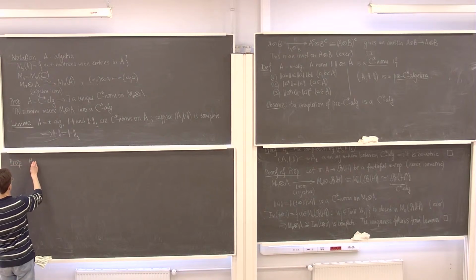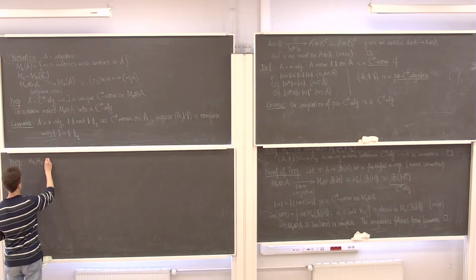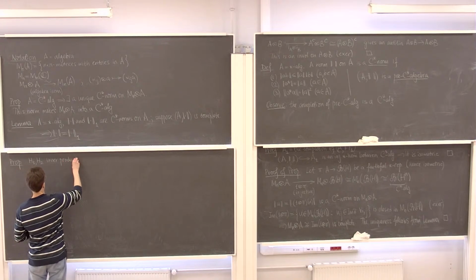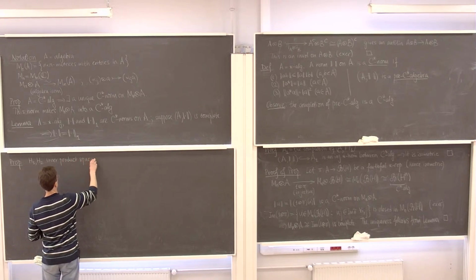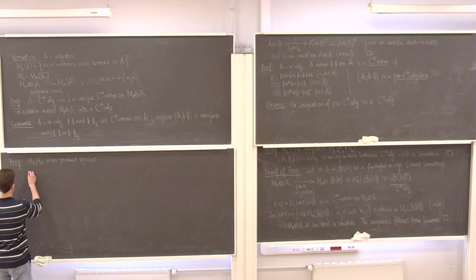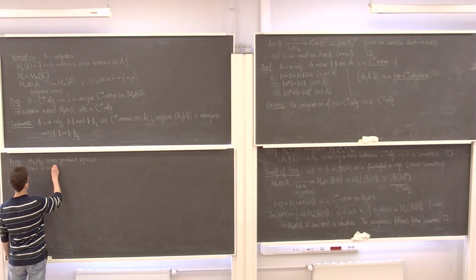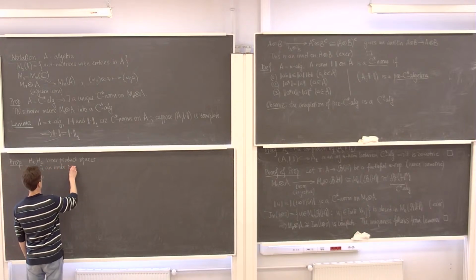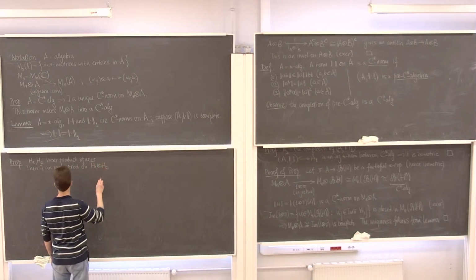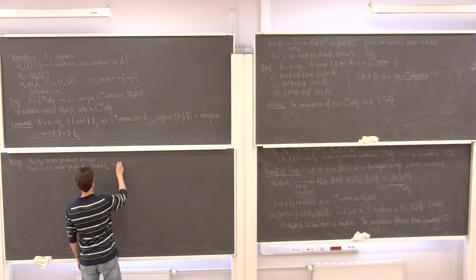Suppose we have two inner product spaces, H1 and H2. At this point, I don't assume completeness, just two vector spaces equipped with inner products. I claim that there exists an inner product on their tensor product H1 tensor H2, uniquely determined by the following formula.